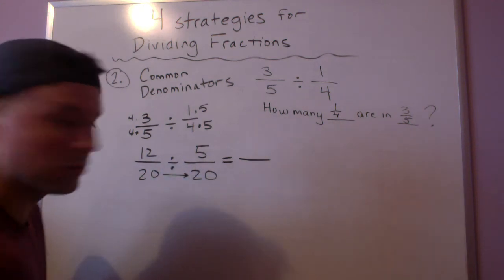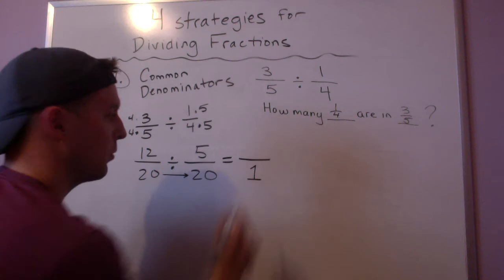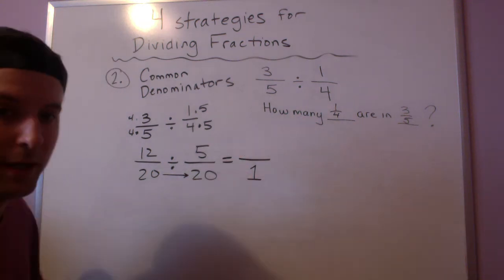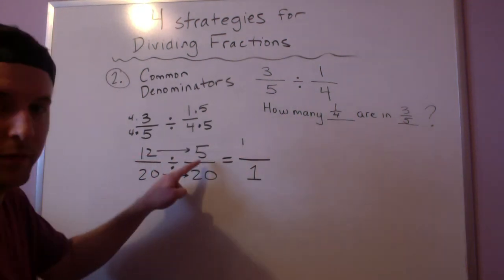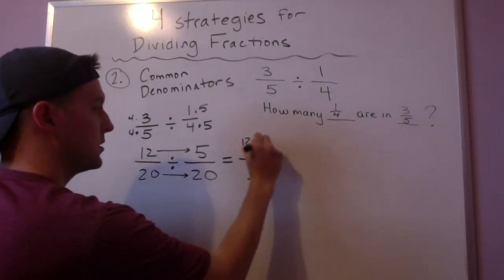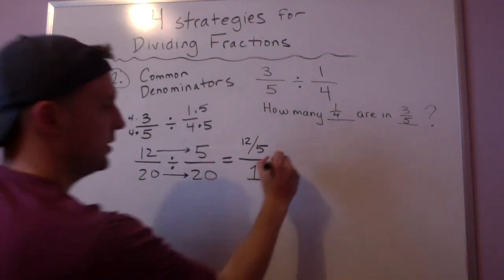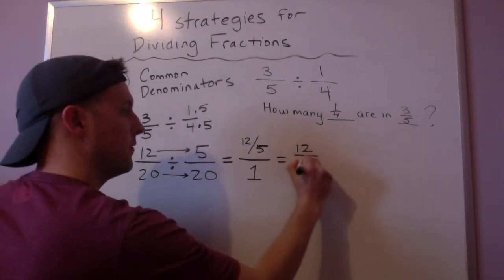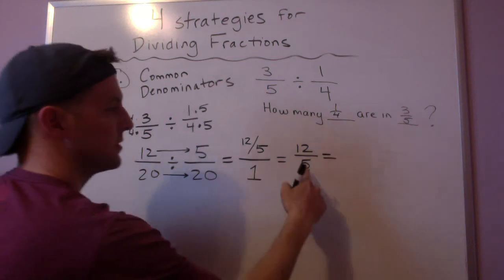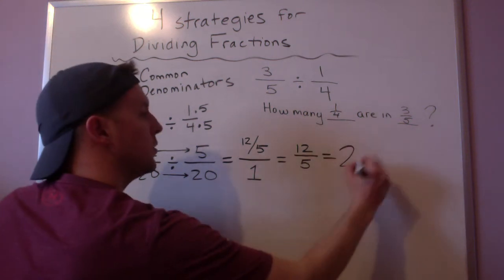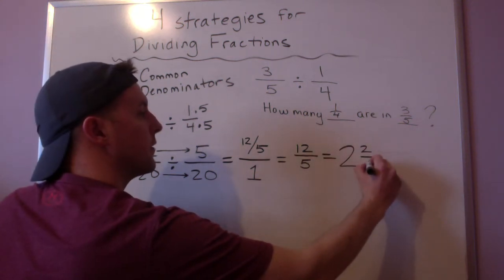Now whatever number I get for my answer will be right on top. 12 divided by 5, that's the same as just 12/5. So 12/5 over 1 is just the same as 12/5, which is the same as 5 going into 12, 2 wholes with 2/5 left over. Did we get the same answer as our diagram problem?